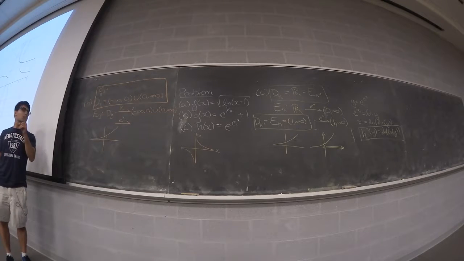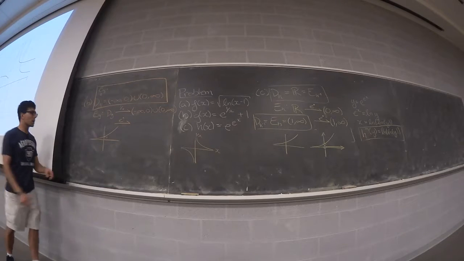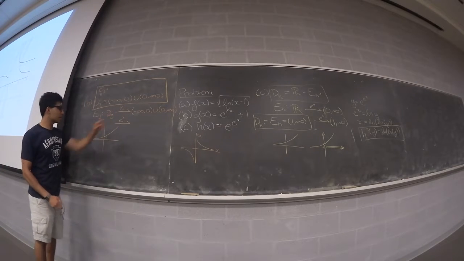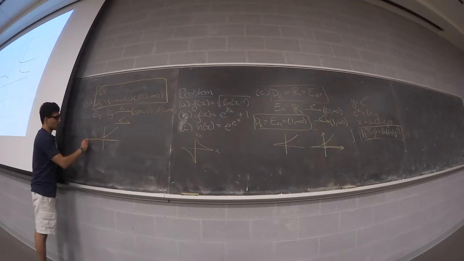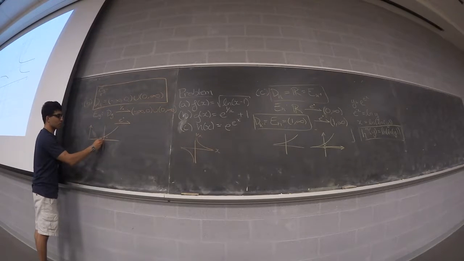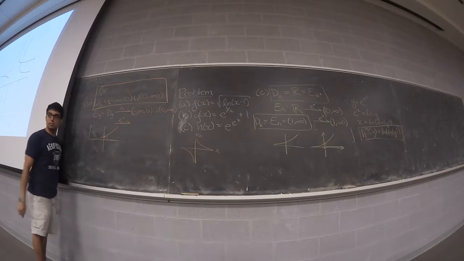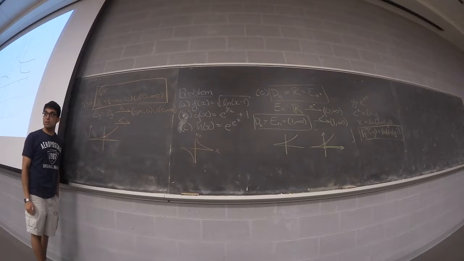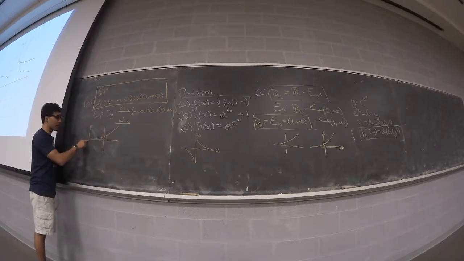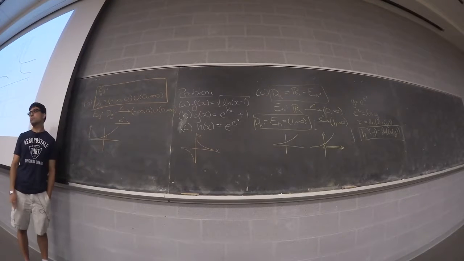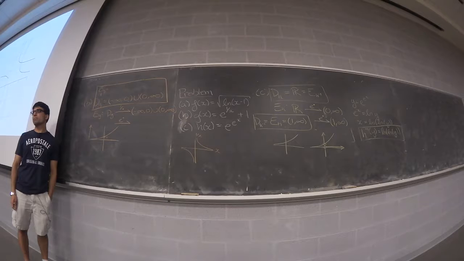Y is greater than 0, and what else? If I feed this anything but 0, it's already got to be positive, and I don't give it 0, so not that either. Does that make sense? So I give it anything other than 0, I'll get everything positive except for 1.